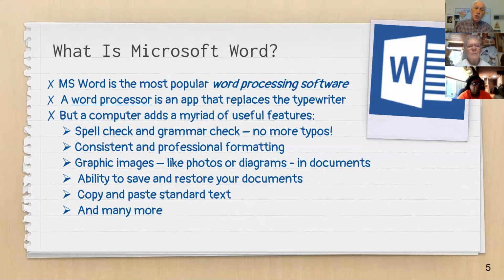Microsoft Word will check your spelling, it'll check your grammar, and it'll highlight it for you. You should be able to eliminate typos. We all make typos, especially if you're a lousy typist like I am. Microsoft Word will pick up that you've spelt the word incorrectly.